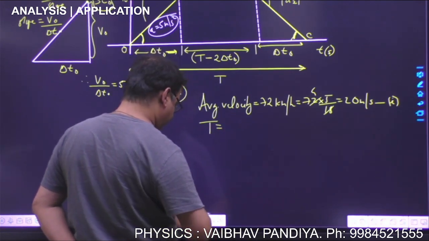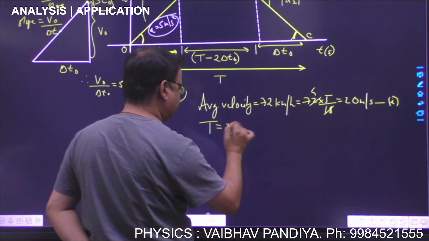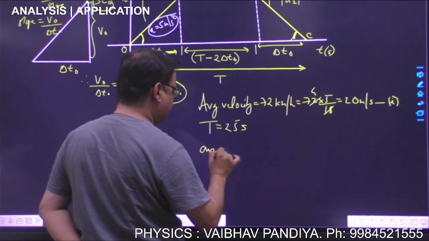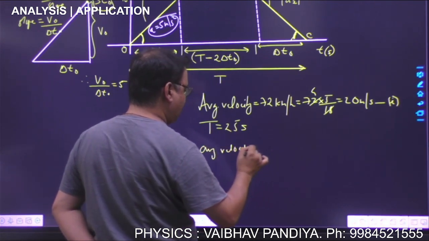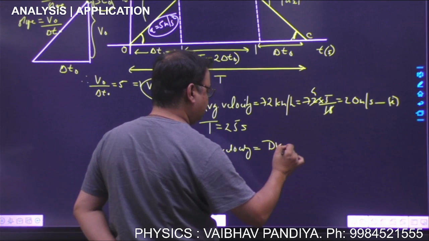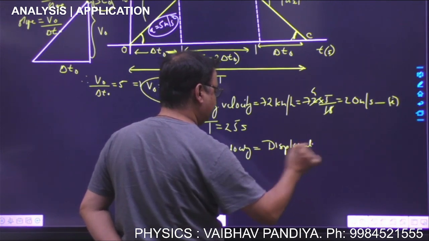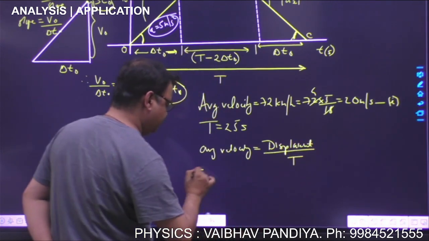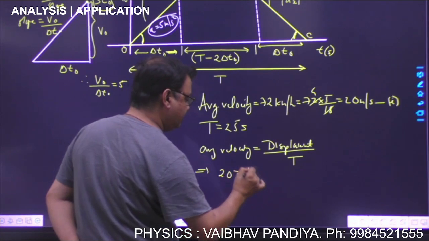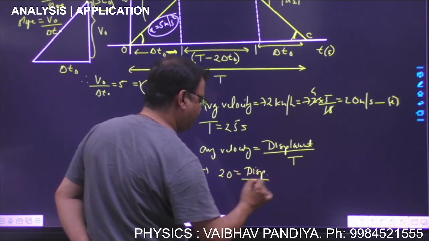So you can find the displacement from these two basic things. So we know the average velocity is the displacement upon the time interval. So you'll get 20 is equal to displacement upon 25.